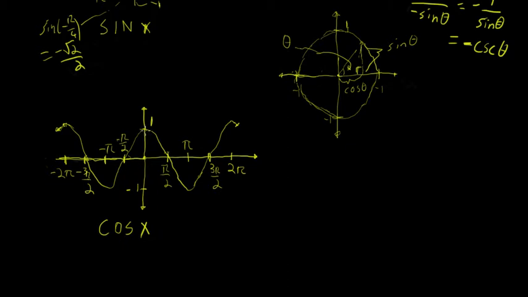So you can see it going from 0 to 2 pi, goes down from 1 to 0 at pi over 2, then goes down to negative 1 for x equal to pi, and goes up to 0 for x equal to 3 pi over 2, and then up to 1 for x equal to 2 pi. And it repeats in that fashion. And the same deal from x equal to negative 2 pi all the way up to x equal to pi.